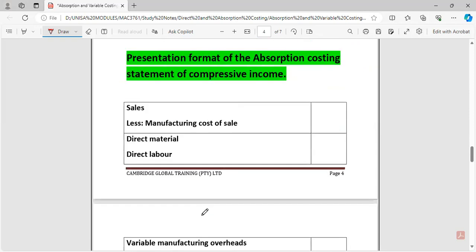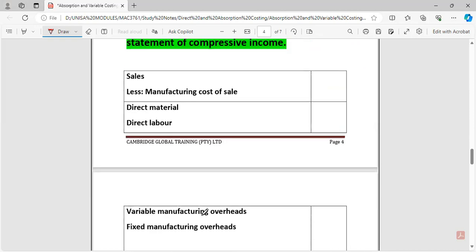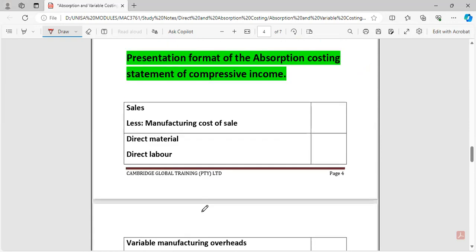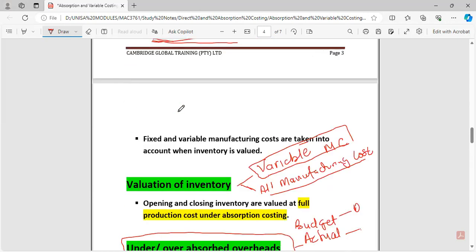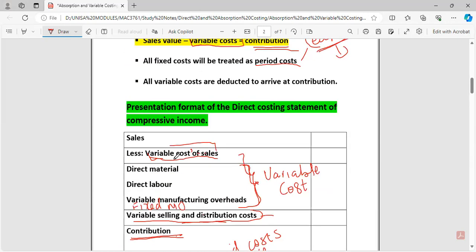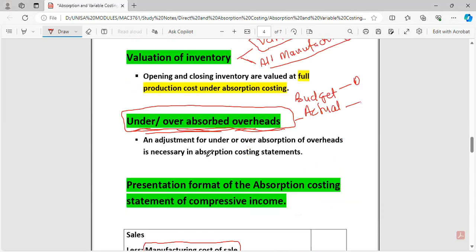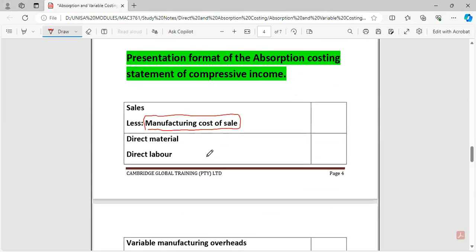Right, so let's look at the absorption costing statement. If you go to your absorption now, you can see here, we're now talking of manufacturing cost of sale. In the direct system, we were saying variable cost of sale. So here in absorption costing, it's going to be manufacturing cost of sale.